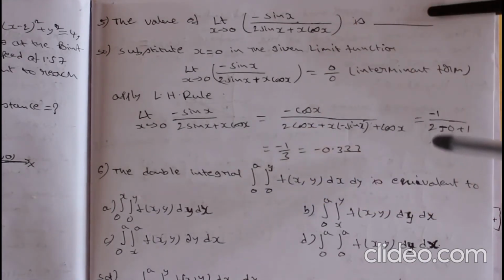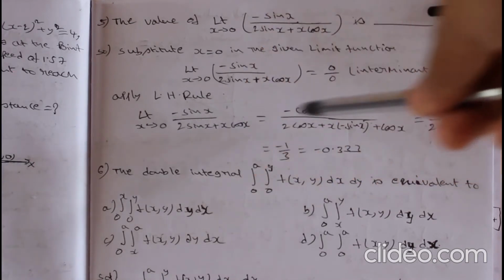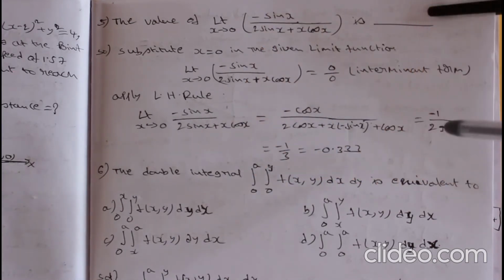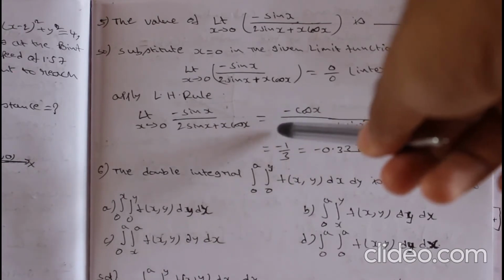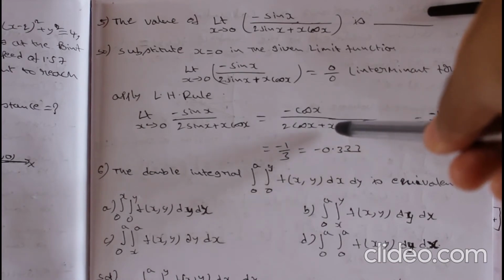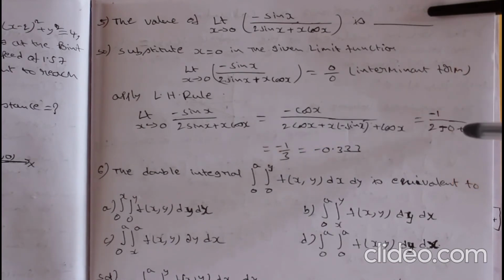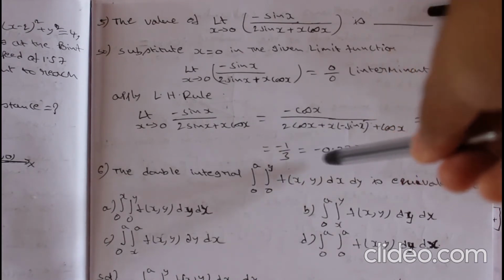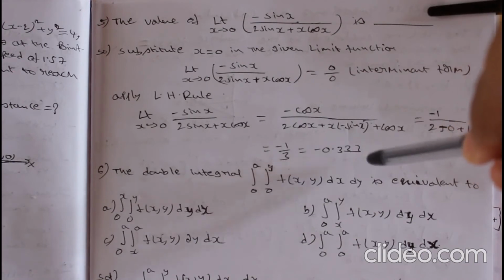Now apply x equal to 0. Cos 0 is 1, with the minus sign, so minus 1, divided by 2 cos 0, which is 2, plus 0 into sin 0, which is 0, so minus 0, plus cos 0, which is 1. So the total value will be minus 1 by 3, that is equal to minus 0.333.